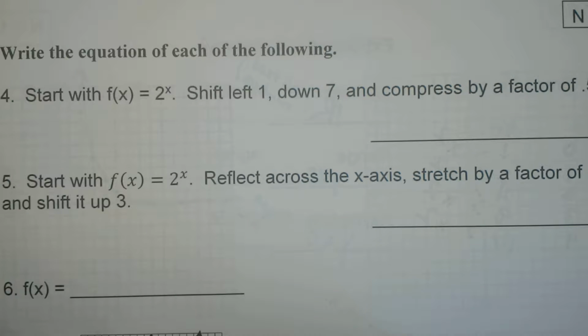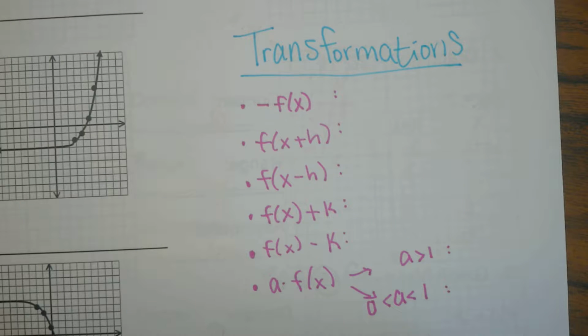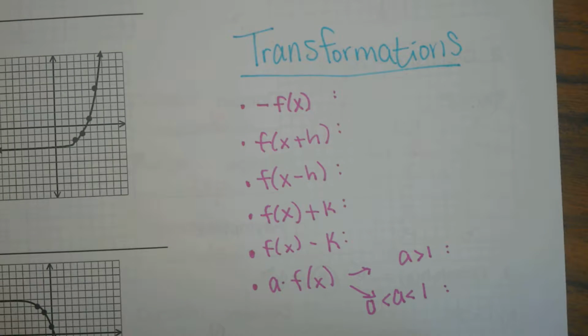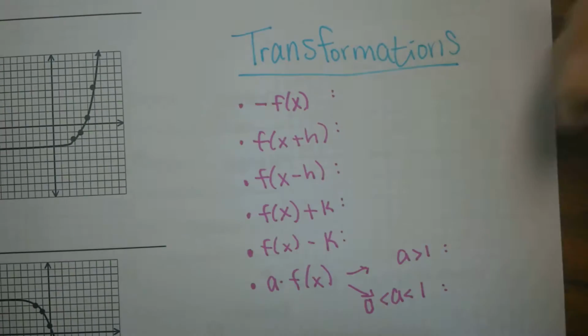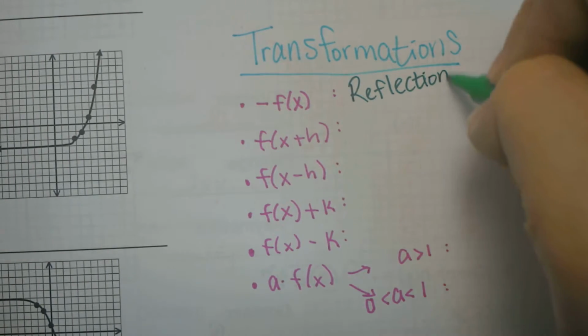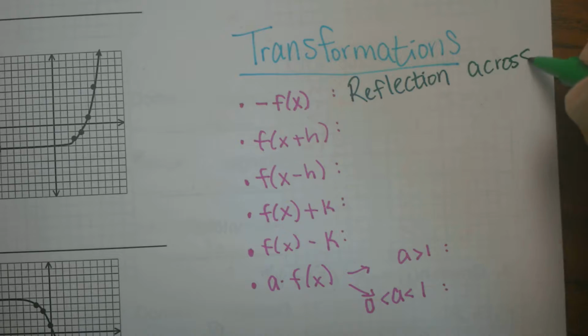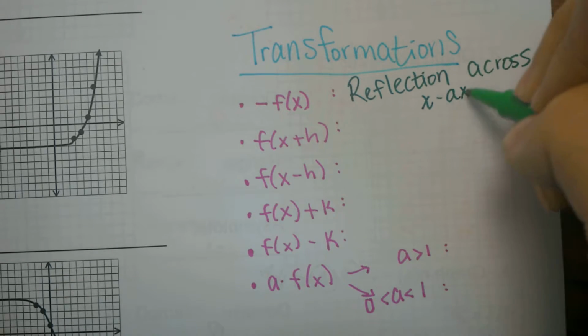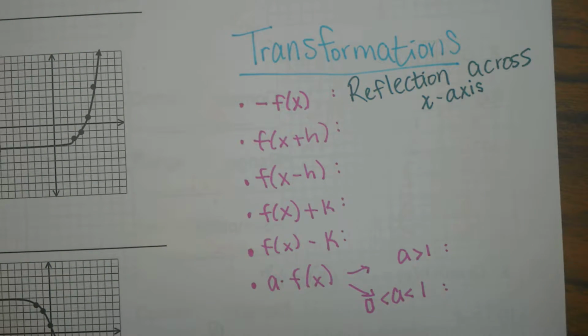Then I have two problems where it's asking me to find the equation given some transformations. So we need to review our transformations. So when I have negative f of x, that is a reflection across the x-axis, which is the main reflection we deal with in this class.